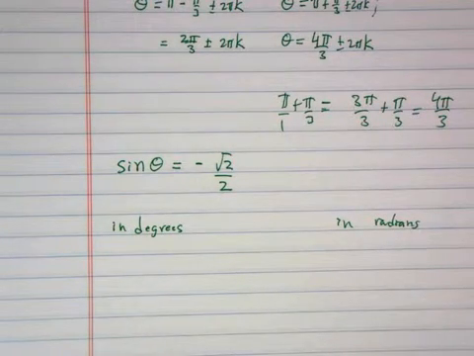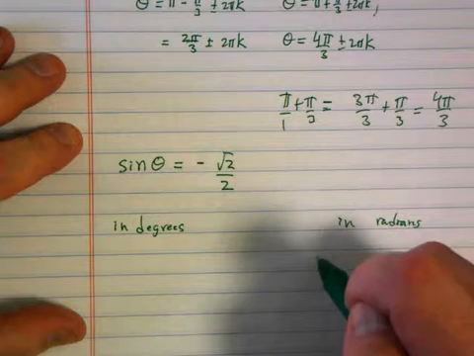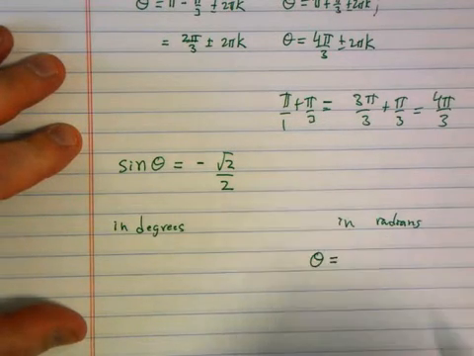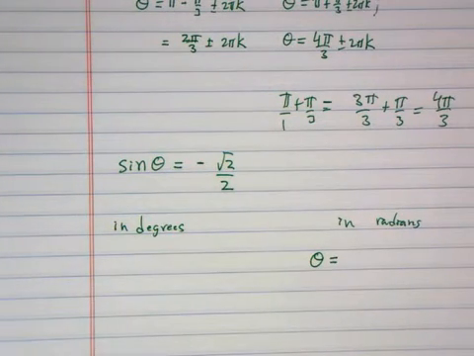Okay, so if pi over 4 is my reference angle, how do I get to quadrant 4? 2 pi minus the reference angle is a correct answer, but it's the hard way. How did we get to quadrant 4 in the last section when we had sine and we had a negative? We just made the angle negative. So the answer in quadrant 4 is negative pi over 4.